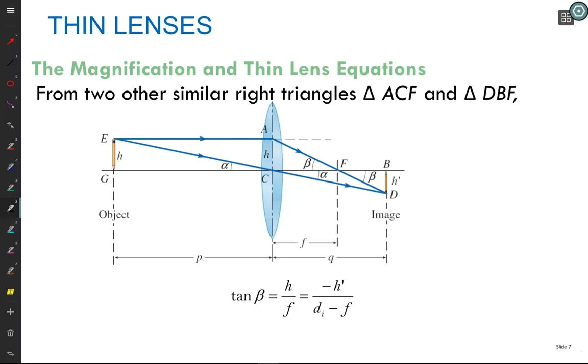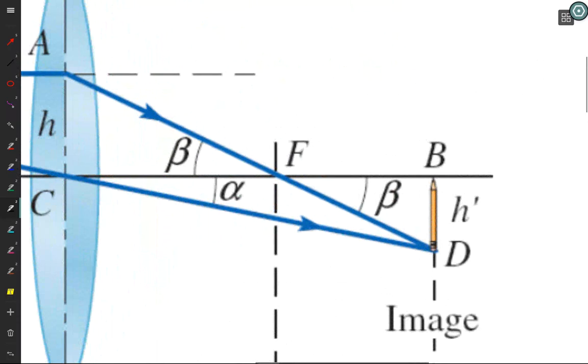Now our next diagram. This one here is going to not look at alpha, but instead look at just beta on the image side. And so in this case, we have two triangles that are once again similar triangles. This has a height that's height of the object and a distance that's focal length.